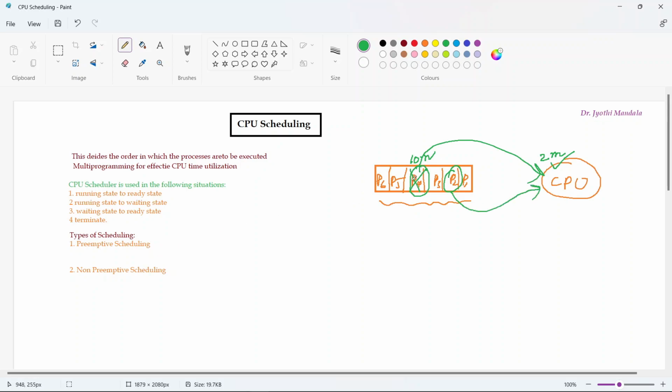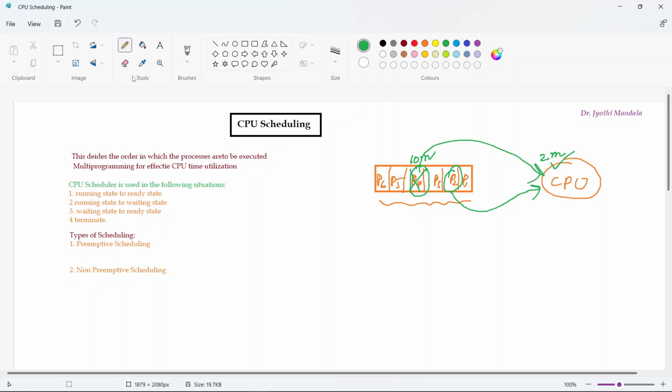That means the CPU can be forcibly transferred from one process to another even though the previous process's execution is not completed. I hope you all are understanding. Non-preemptive is nothing but not releasing the CPU until your task is done. Preemptive is nothing but forcibly switching the CPU from one process to another.